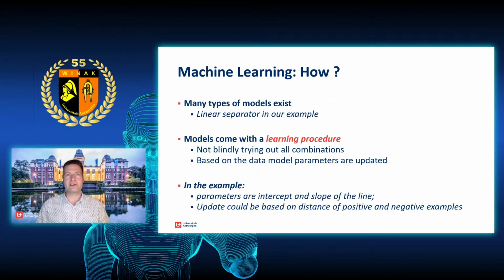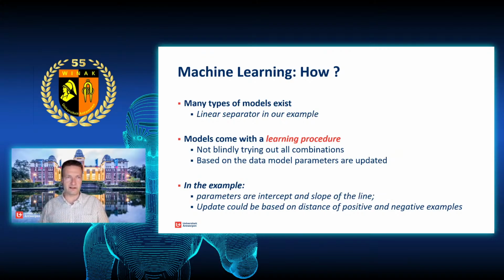Many types of models exist. Here I took a linear separator in this particular example. These models come with a learning procedure. So we're not blindly trying out every possible line, but we're trying to do it in a more guided procedure. Based on data, model parameters are being updated, and we're trying to optimize the accuracy, the number of correct predictions that are being made.